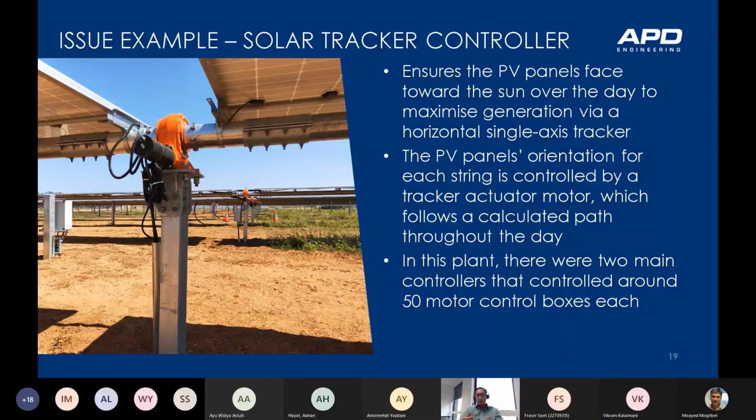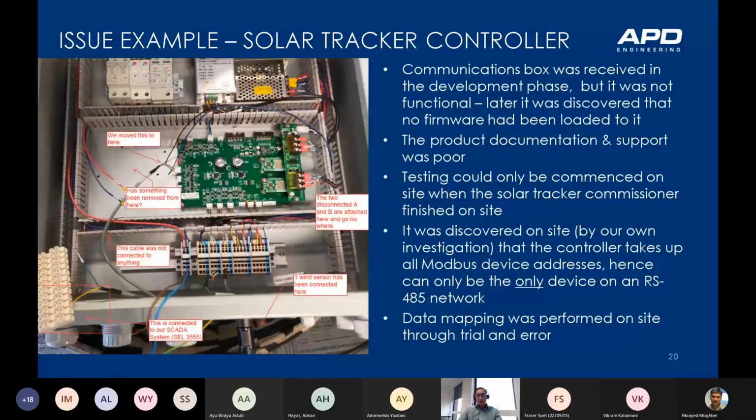So we thought we got on the front foot by requesting this controller early for configuration and testing. We received this communications box in the development phase, but it was not functional. Later we discovered that there was no firmware loaded in it, and the product documentation and support was poor.